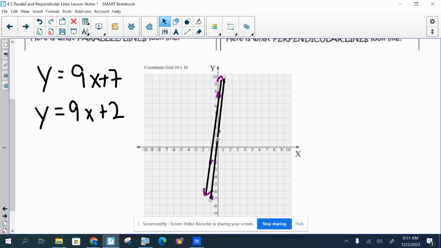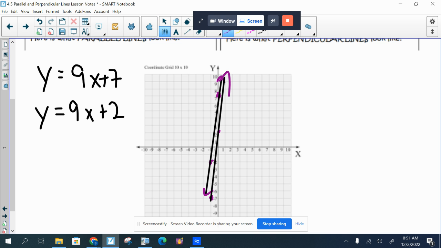My graphs, my equations don't exactly look parallel, but that's okay. We know they're supposed to be. Okay, so those are examples of parallel lines.